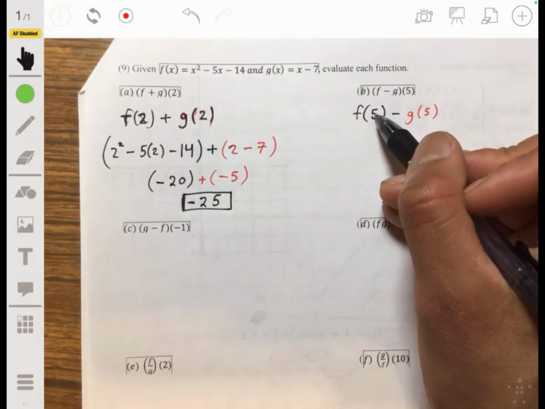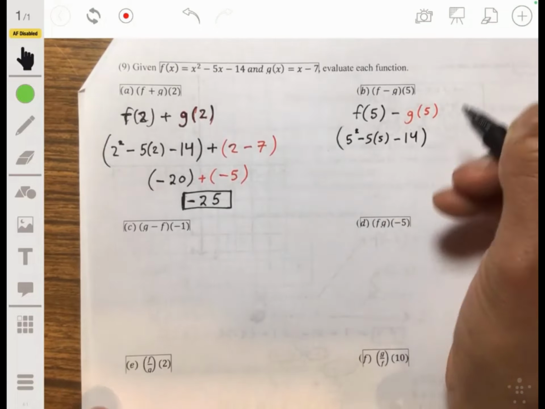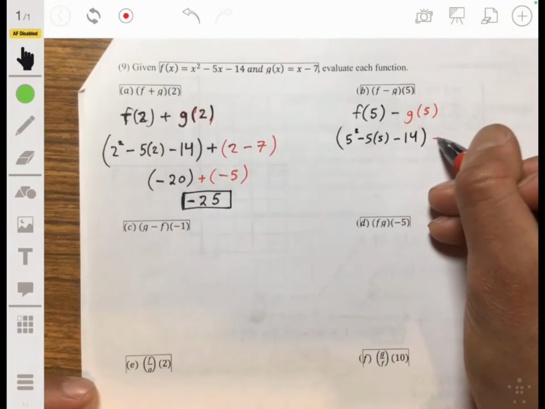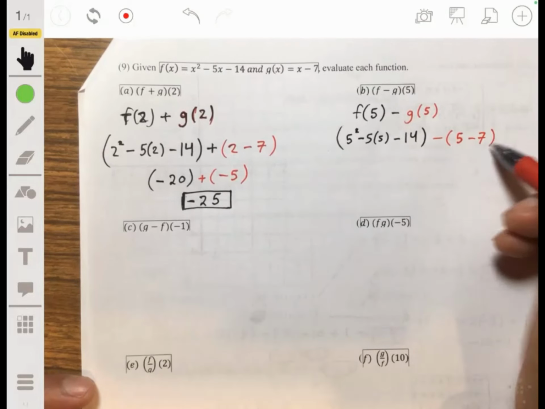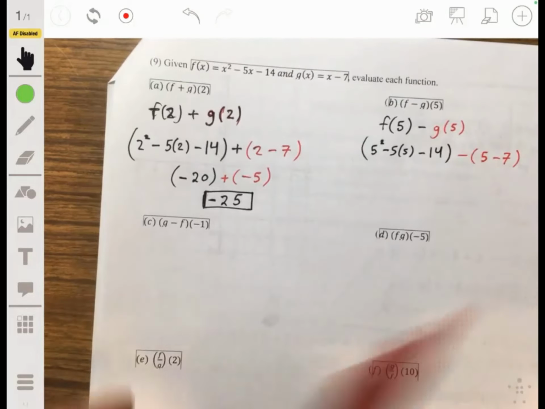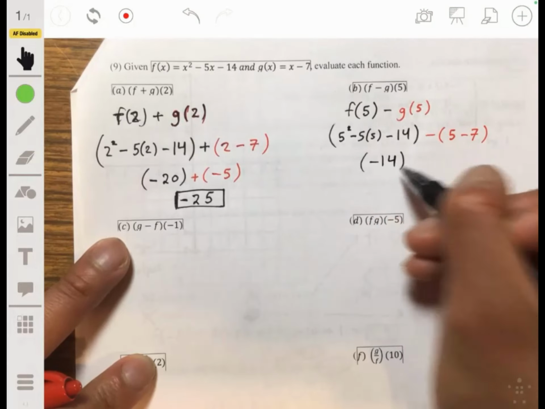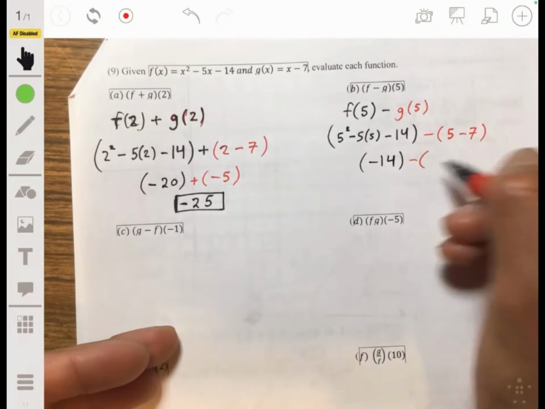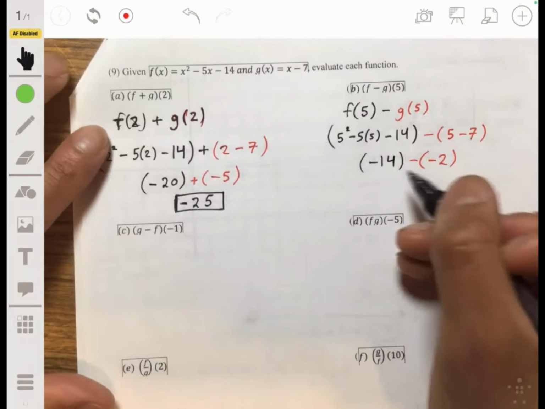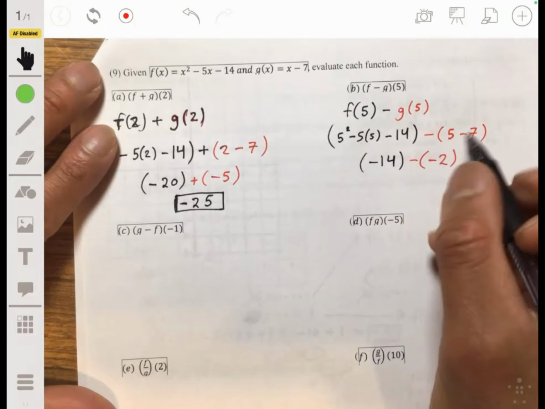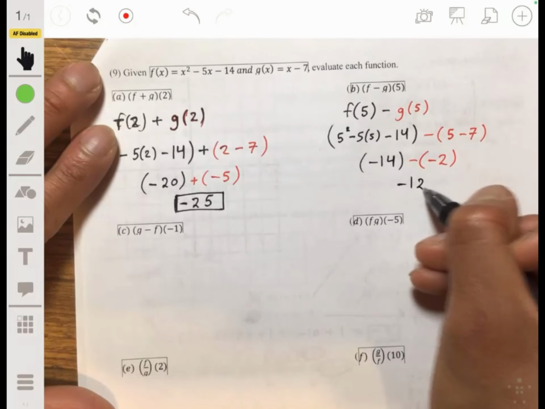That would be 5 squared minus 5 times 5 minus 14, minus, plugging 5 into there, 5 minus 7. So we get 25 minus 25, 0, negative 14, minus 5 minus 7 minus negative 2. And this becomes negative 14 plus 2, which is just going to give us negative 12.